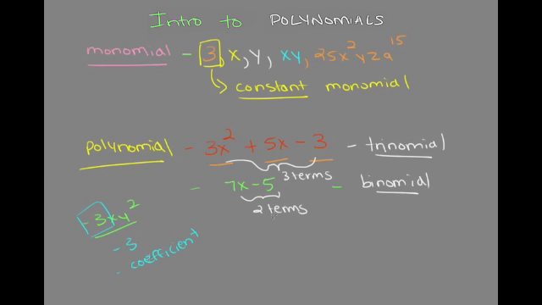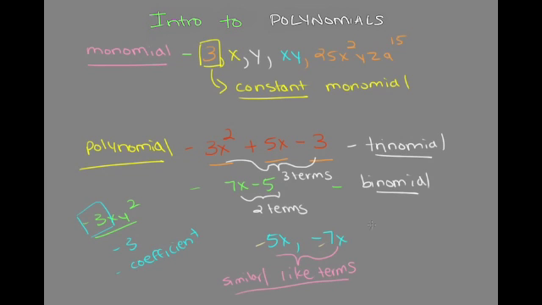And if 2 terms have everything the same except for the coefficient, like let's say 5x and negative 7x, these 2 terms are considered like terms, or similar terms, because everything is the same about them except for the coefficient, which is different.